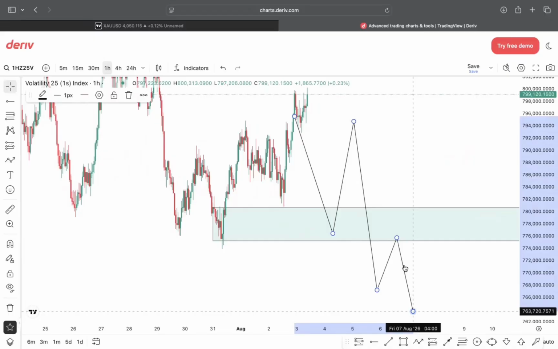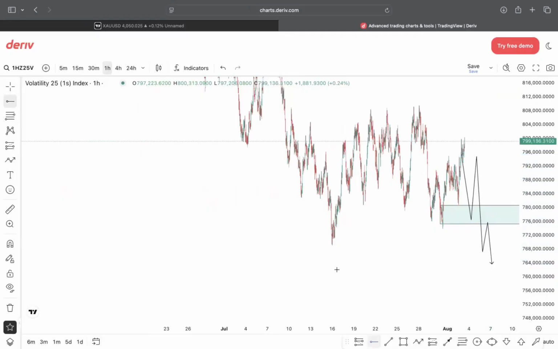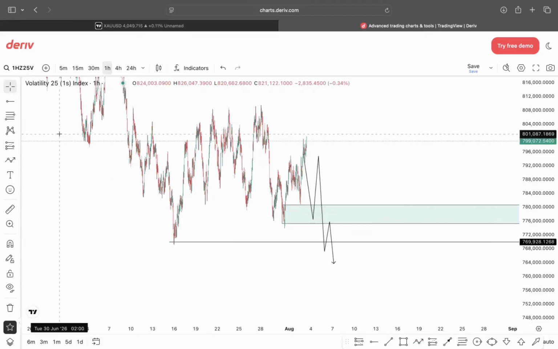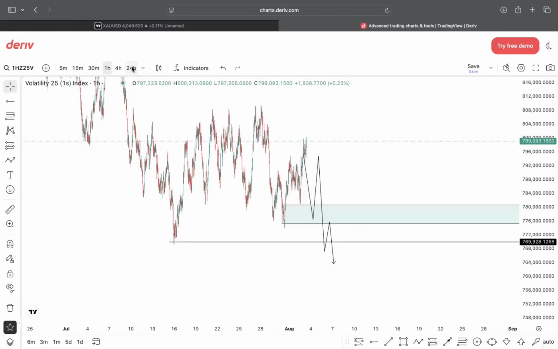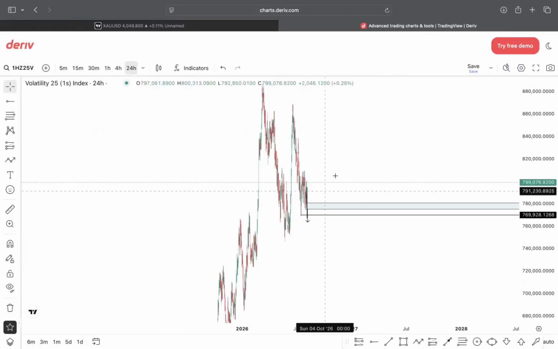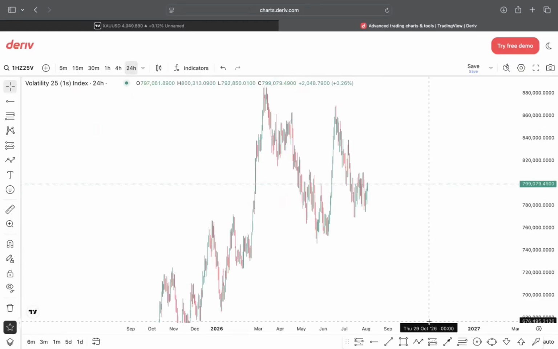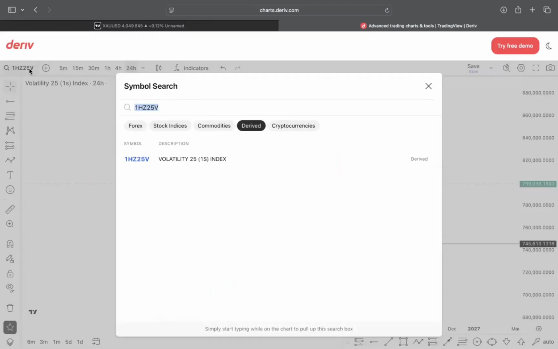So if price invalidates this, which means the ranging has been broken, then we look for sales to the downside. But the top-down analysis is very valid. V25 1X is selling up to this point here, so you can look for sales up to this point here.